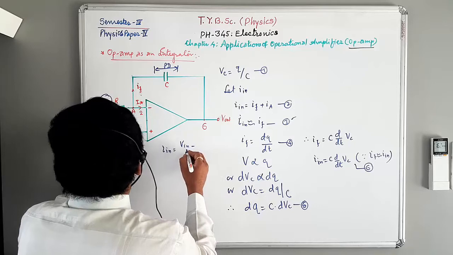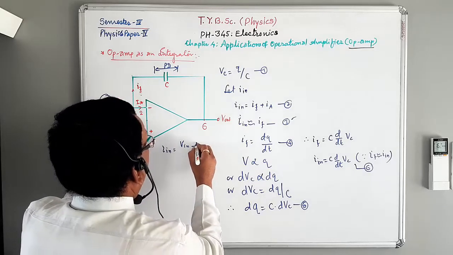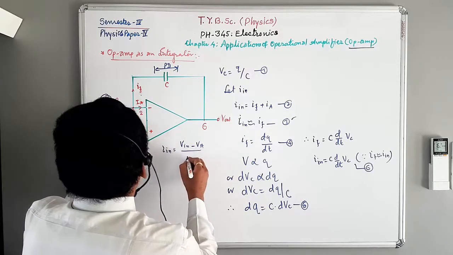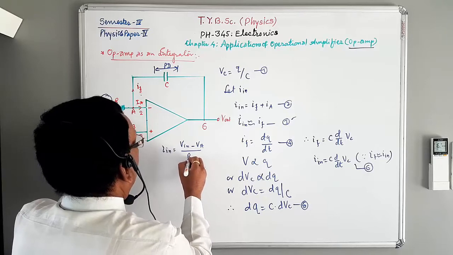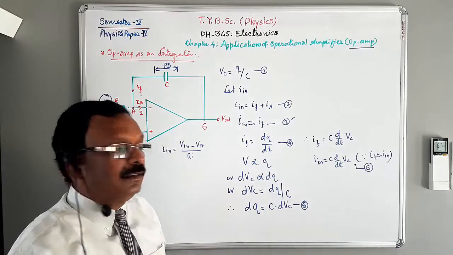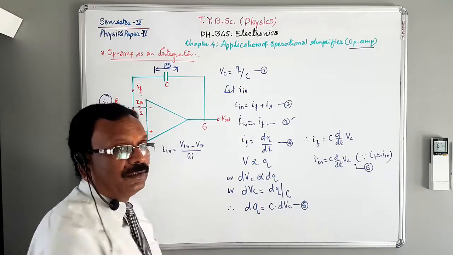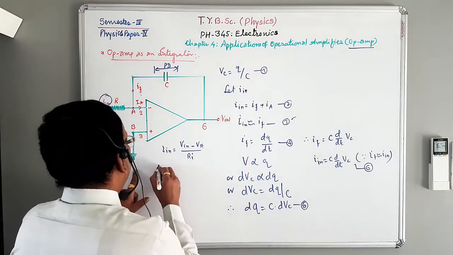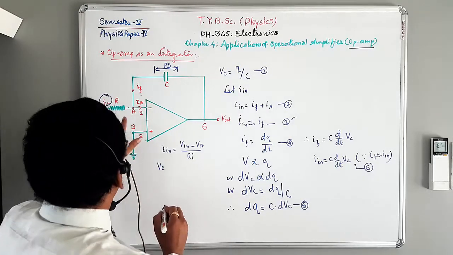VIN minus voltage at point A, that is VA, upon RI, input resistance.